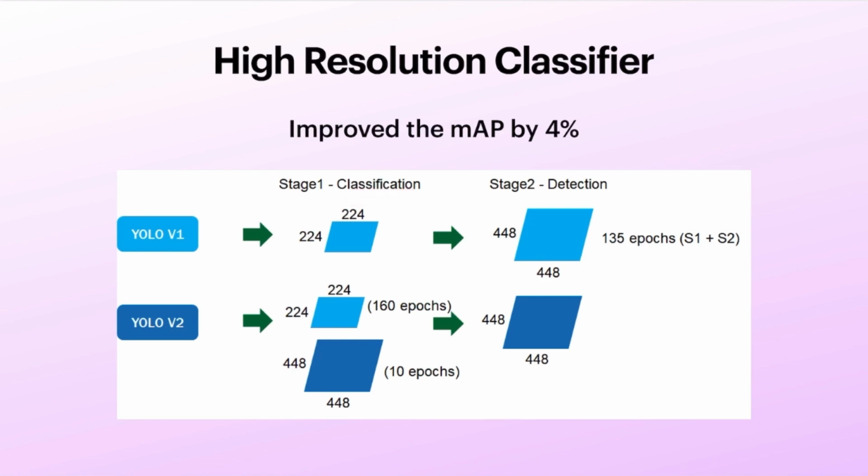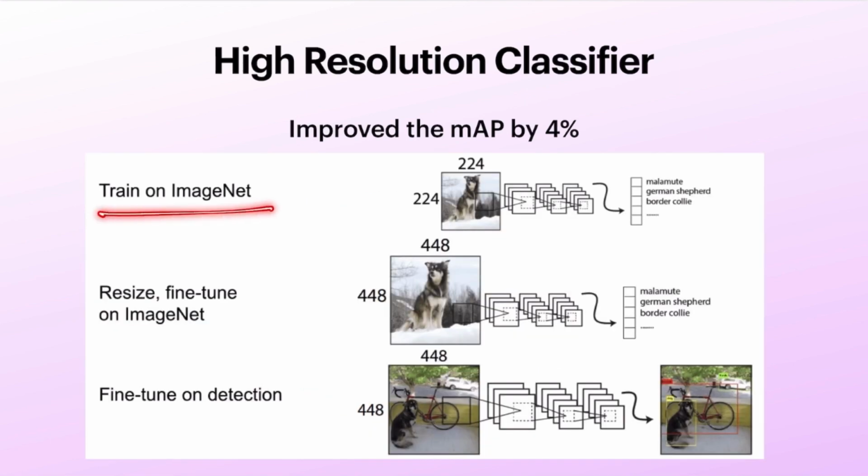And after that, at the final stage, they use 448 by 448 for object detection. This should make it clear. First, they trained on ImageNet at 224 resolution, then fine-tuned on ImageNet only with higher resolution. At this stage, the weights learned will adapt to this higher resolution. And then finally they train on Pascal VOC for the detection task at the same resolution. As it has already seen that resolution in ImageNet, it is a bit easier for it to adjust.